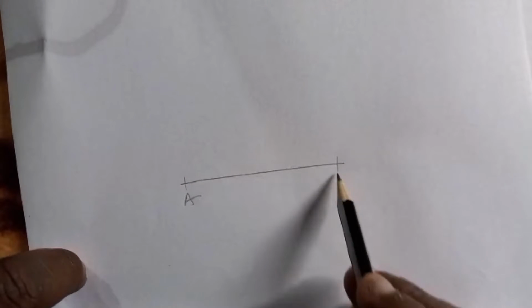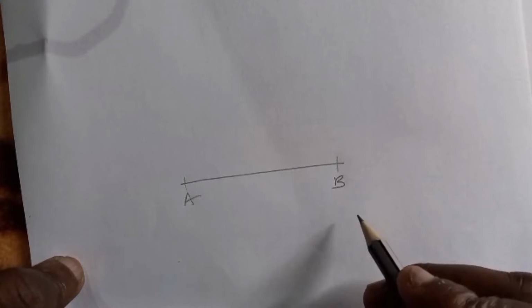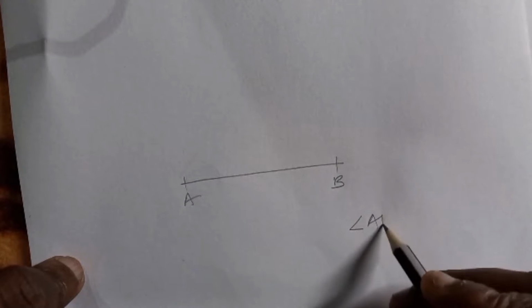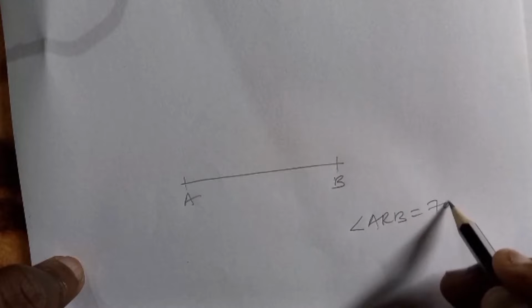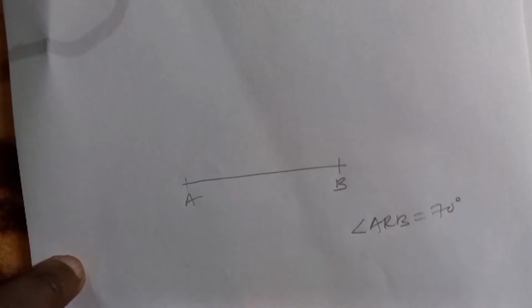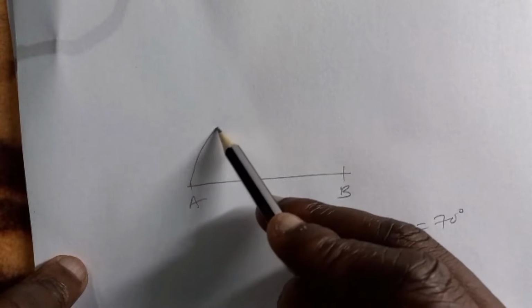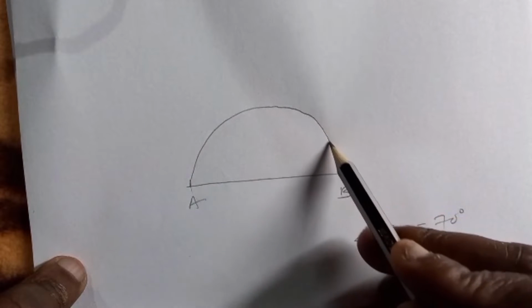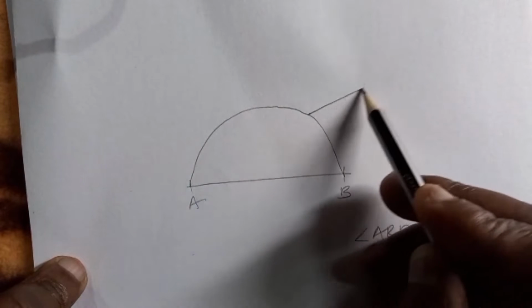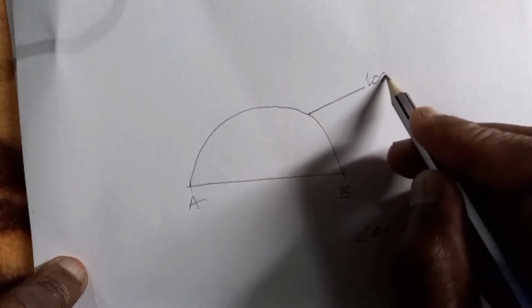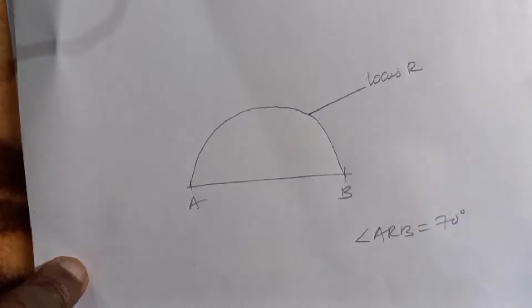Those are points A and B. You need to construct the locus R such that angle ARB is equal to 70 degrees. How do you get that? By simply making an arc like that, and all points on this arc will be locus R.